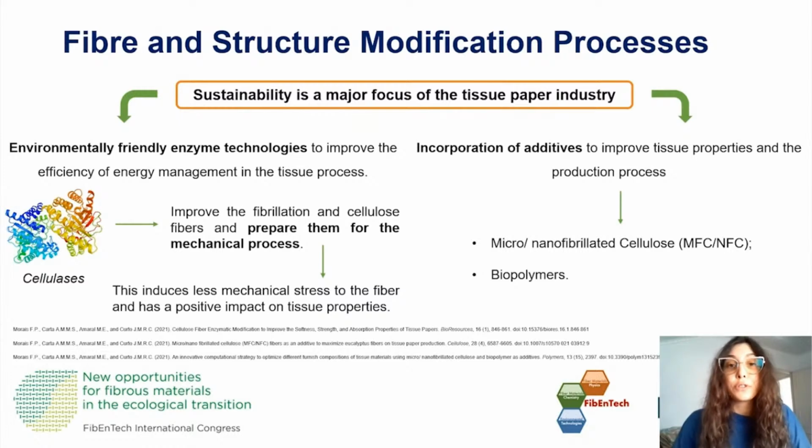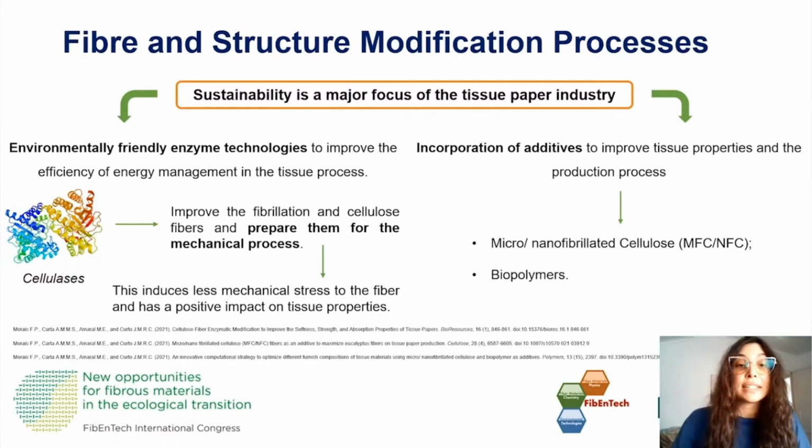Sustainability is a major focus of the tissue paper industry. So, one strategy is the development of environmentally friendly enzyme technologies to improve the efficiency of energy management in the tissue process. Cellulases are the most used enzymes because they improve the fibrillation of cellulose fibers and prepare them for the mechanical process.